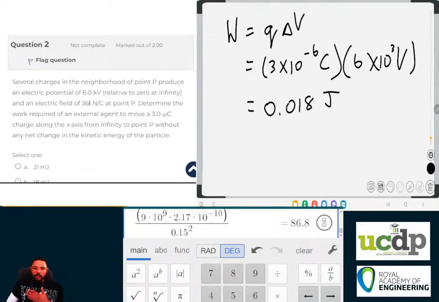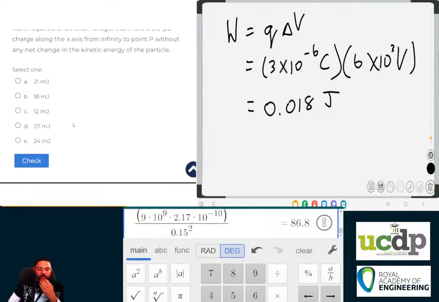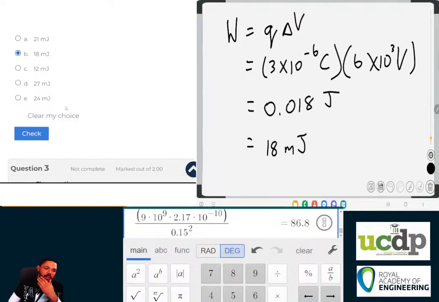This is the amount of work required to move the charge from infinity to point P. Also, we can write this as 18 millijoules. Let's see if there is an option there. Option B is 18 millijoules.